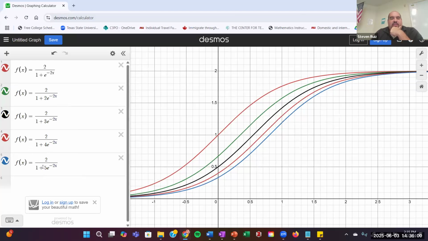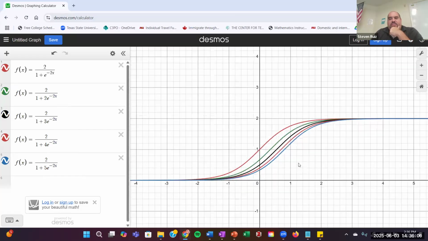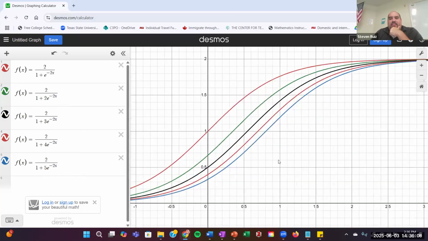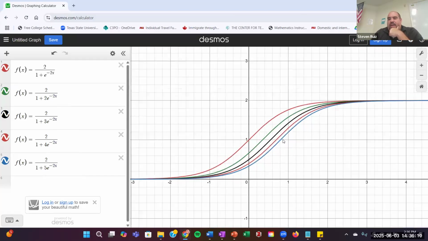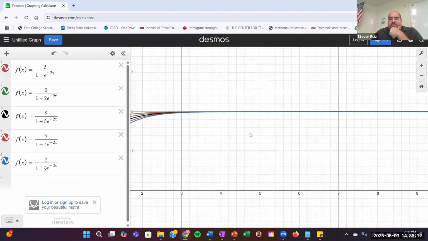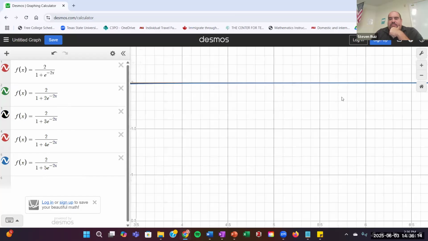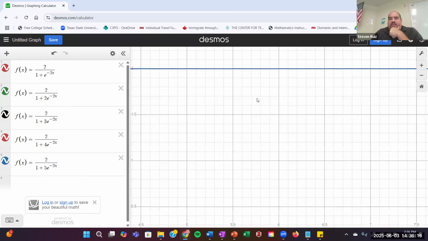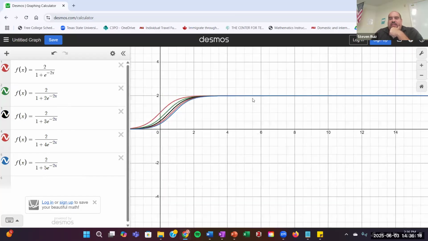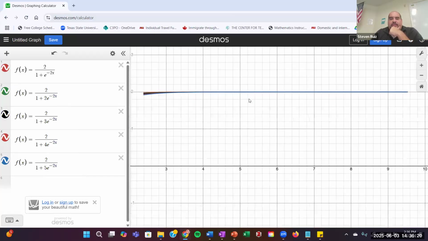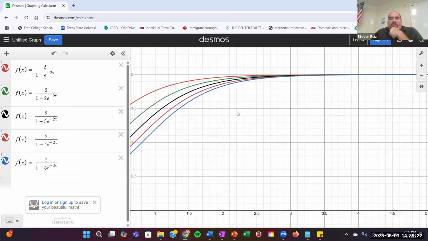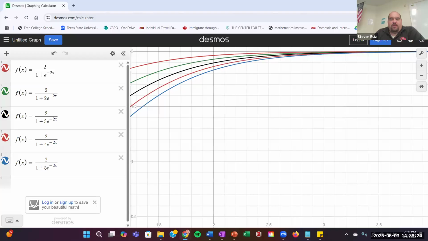So basically the increase in the value of c diminishes this initial behavior of this curve. As you look out to the right here, we're still going to have a function that increases and approaches 2, but it's a matter of how rapidly it approaches 2.